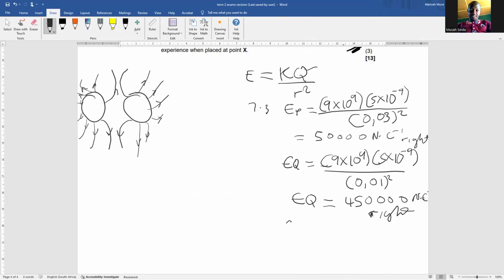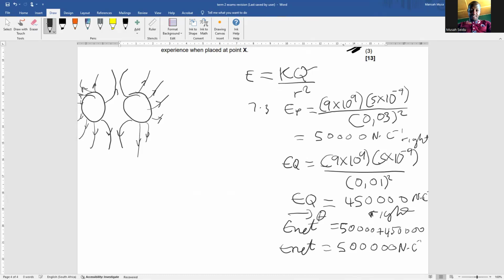So now our E net is therefore equal to, taking the positive direction as going to the right, 450,000 plus 50,000, which gives us the net electric field of 500,000.